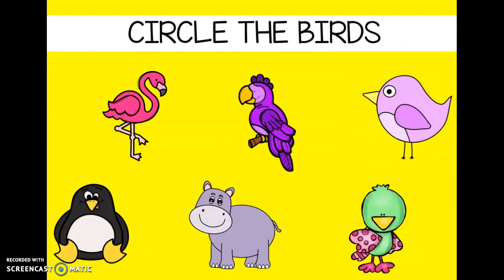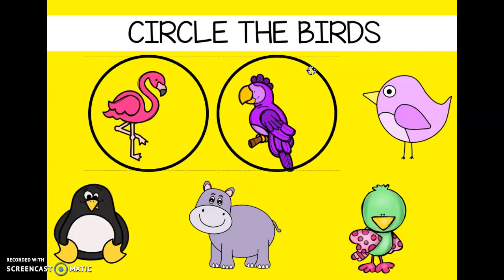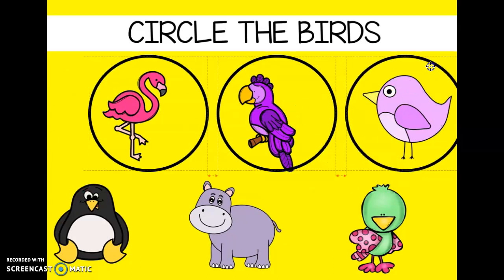Okay, the birds. So remember again, what were our criteria for birds? Feathers, wings, 2 feet, beaks, lay eggs. Okay, so let's go through them. A flamingo, that's a bird. A parrot is a bird. Another little bird here, that's a bird.